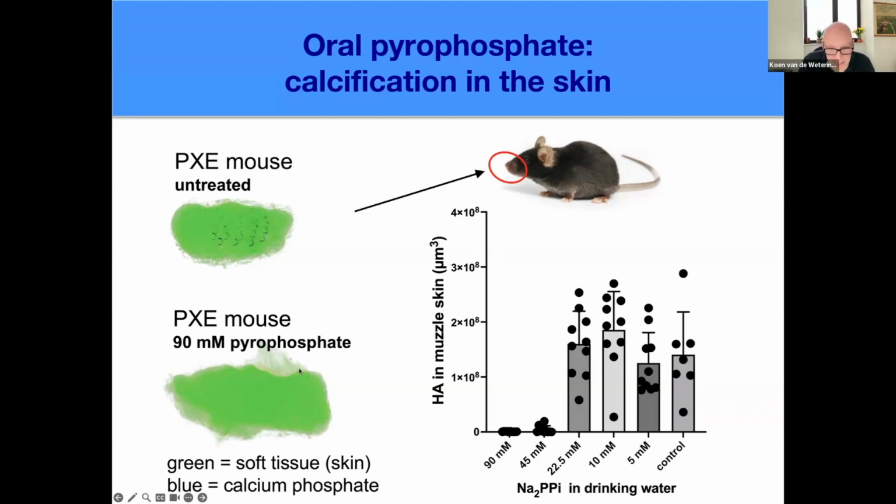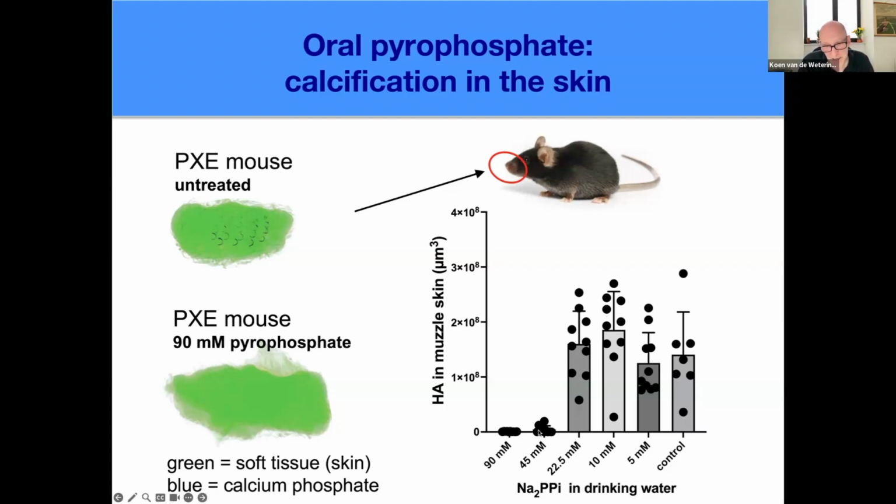The PXE mice that received 90 millimolar of pyrophosphate in their drinking water showed no calcification in their muzzle skin, however, because we didn't find any calcification. Animals that received half of this dose, they were also pretty much protected against calcification.